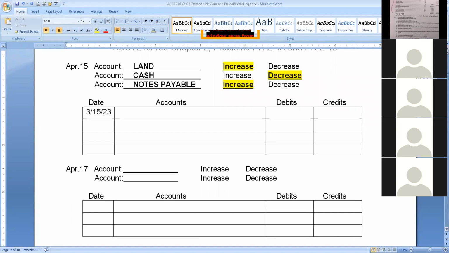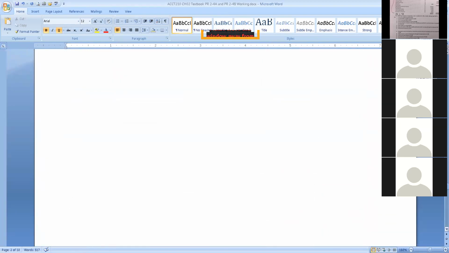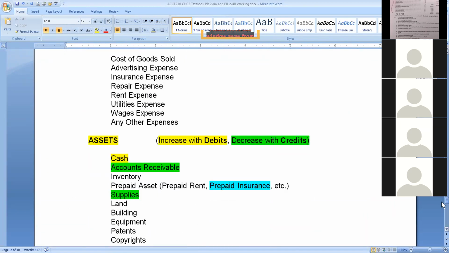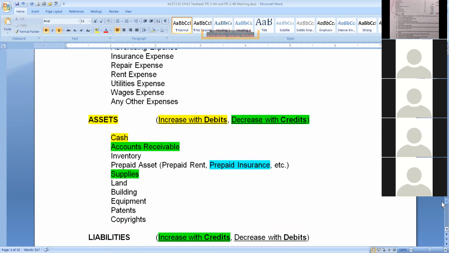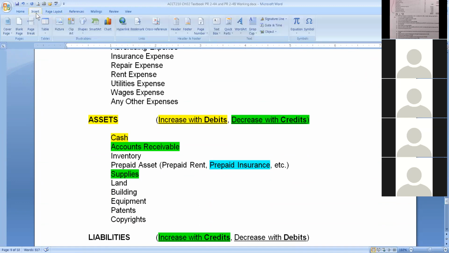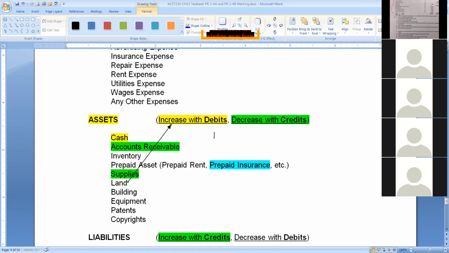All right, let's go down here. I don't know if we use arrows. I'm going to use arrows instead. Okay, so land is going to increase with a debit. Oh, look, I like the arrows.